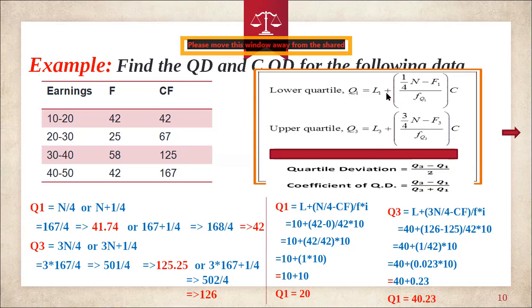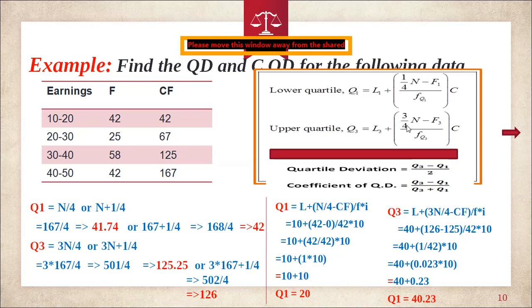Q1 is L plus N by 4 minus F, where capital F is the cumulative frequency, then small f is the frequency of Q1, into i or c, the class interval. Upper quartile is similar, where L is the lowest value.